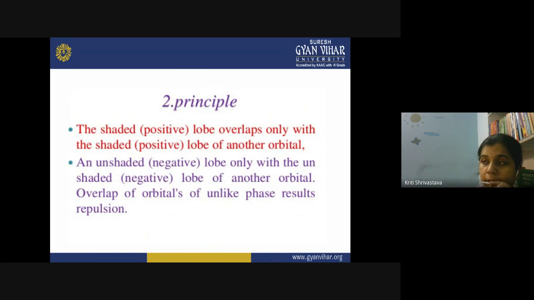Overlapping between the positive lobe and the negative lobe is not possible. That will be symmetry forbidden, when the positive lobe of one orbital overlaps with the negative lobe of another orbital. So this is symmetry forbidden. This is my second principle.